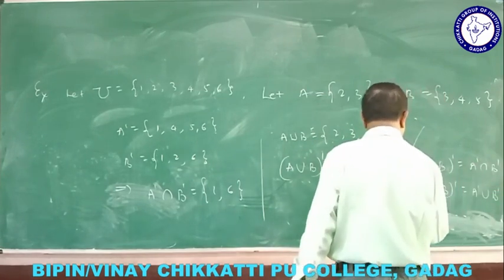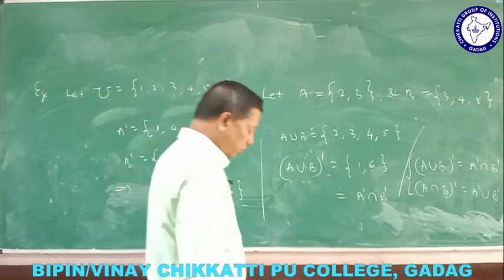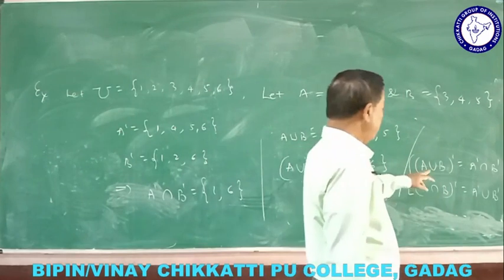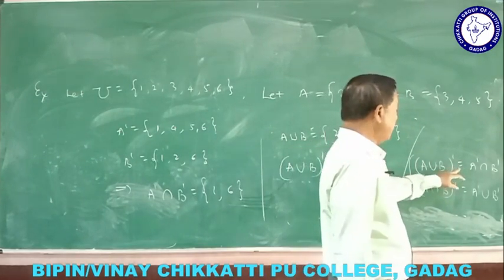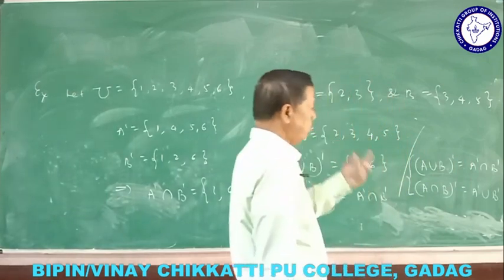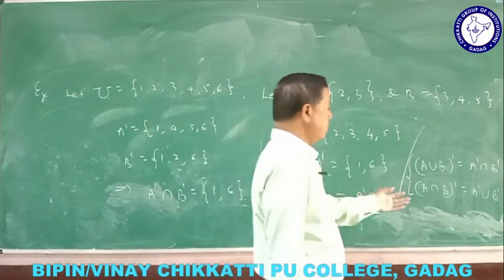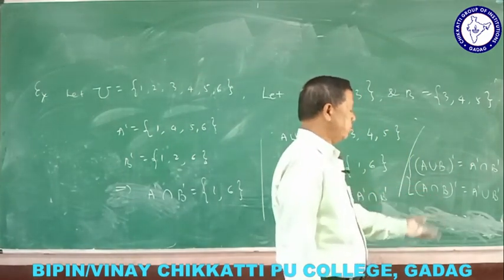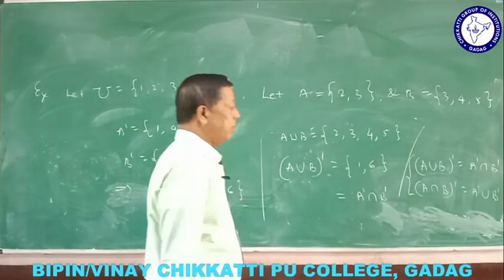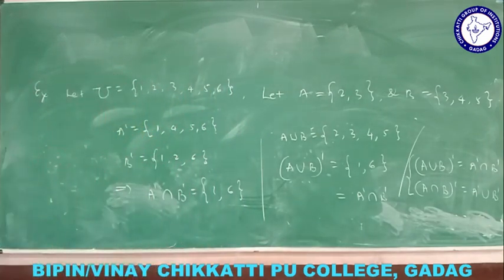So these two are called De Morgan's laws. The two De Morgan laws are: A union B complement is equal to A complement intersection B complement, and A intersection B complement is equal to A complement union B complement. And this is called De Morgan's law in total, you can say.